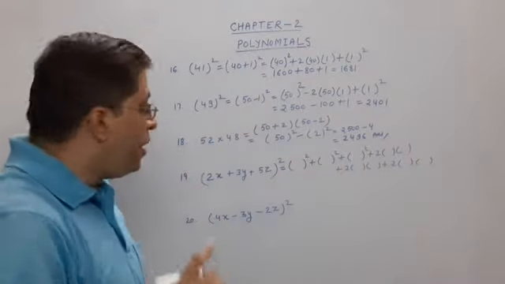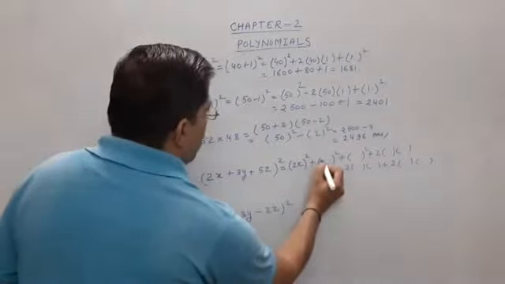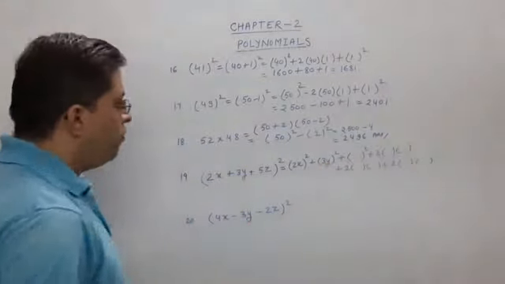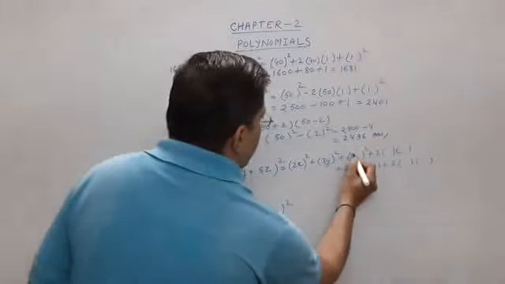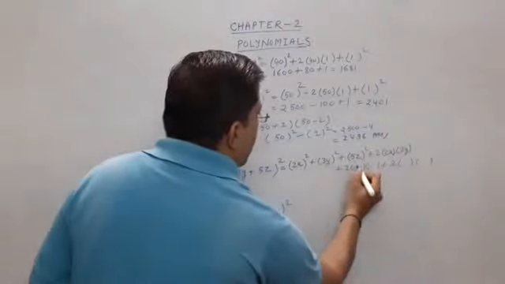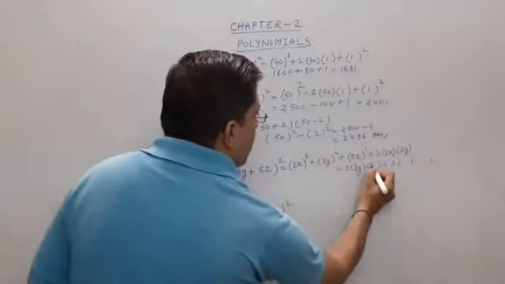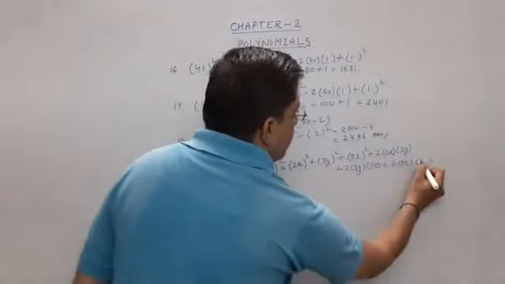Now what is a? A is here 2x. B is 3y. And what is c? Clearly it is 5z. 2ab is 2 times 2x, 3y; 2bc is 2 times 3y, 5z; and 2ca is 2 times 5z and 2x.